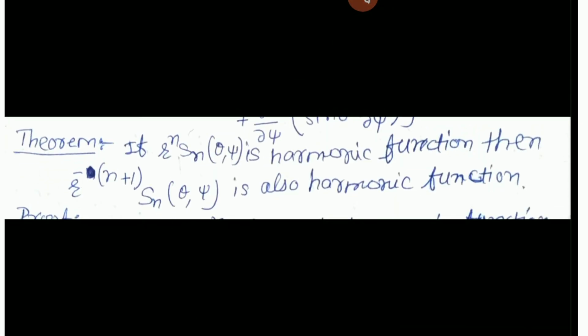Now we will see another theorem. If r to the power n into Sn of theta, psi is a harmonic function, then r to the power minus (n plus 1) Sn of theta, psi is also a harmonic function.